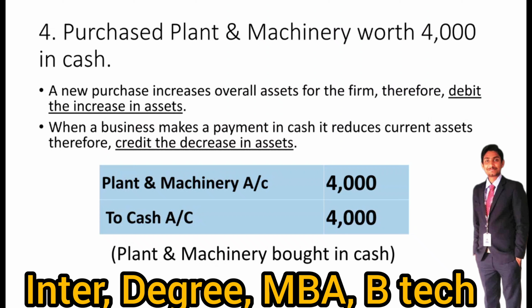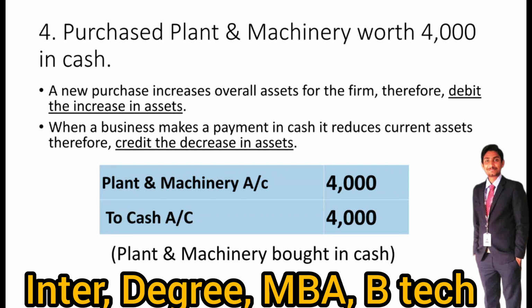Plant and machinery will come into the business and the cash will go out. If any asset is purchased for business purposes, the overall asset value will increase. If asset value increases, we mention it on the debit side of the transaction.